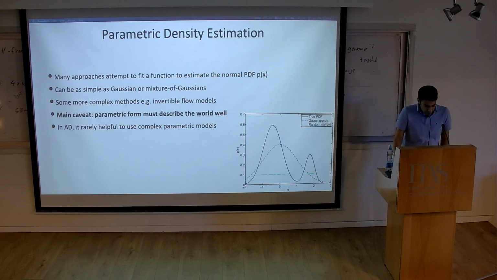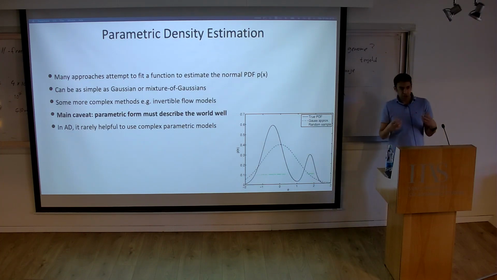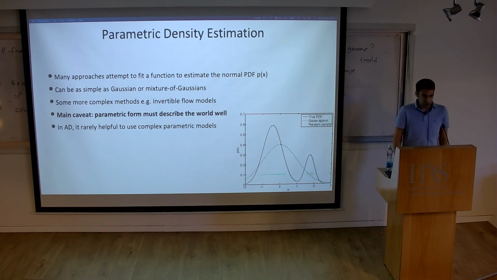However, the main caveat in parametric density estimation is that the parametric form has to actually fit our actual data, and at least with very simple parametric forms like the Gaussian distribution, it might not actually be a good fit for the data.